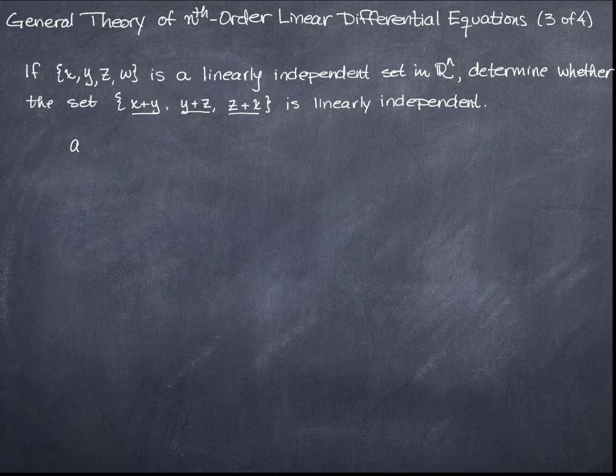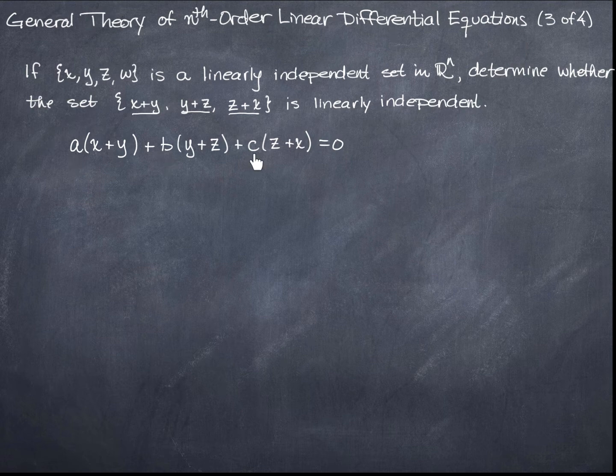Well, if they are, then I can scale them. I can take a multiple of 1, add it to a multiple of the next one, and a multiple of the third one, set that equal to 0, and then for it to be true that this is equal to 0, one of two things has to happen.